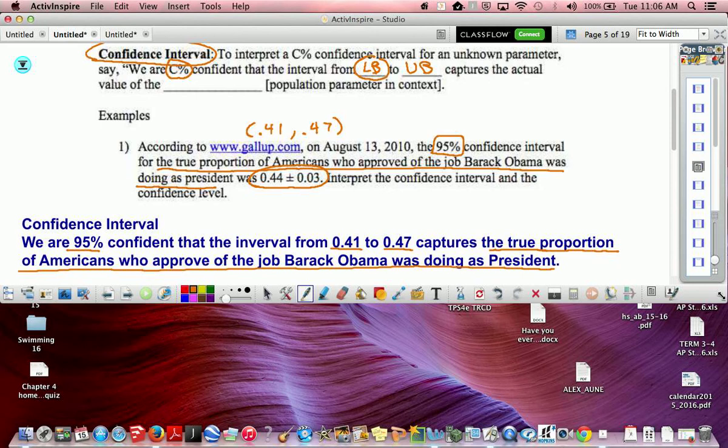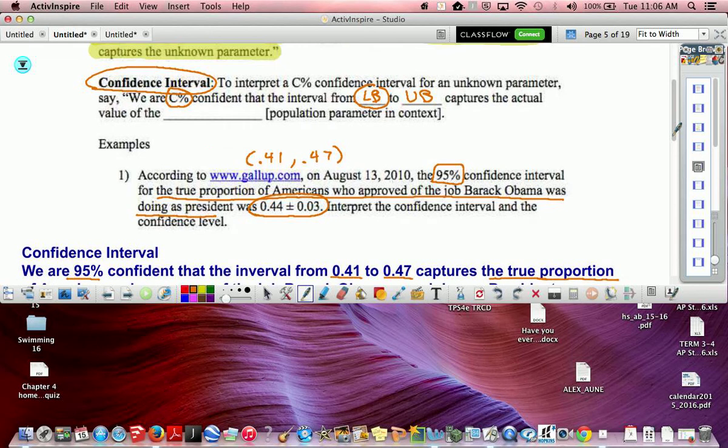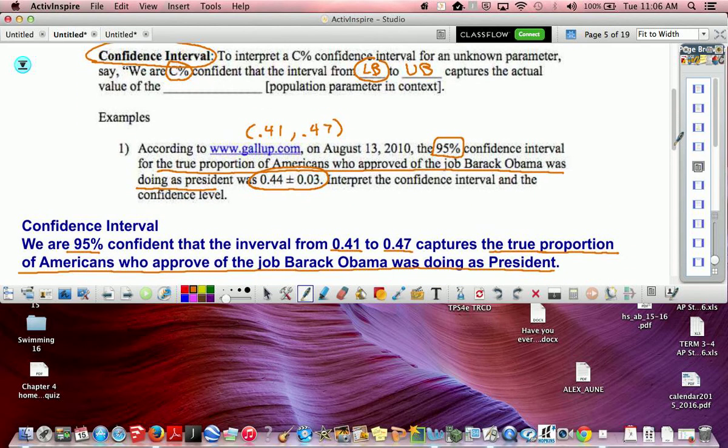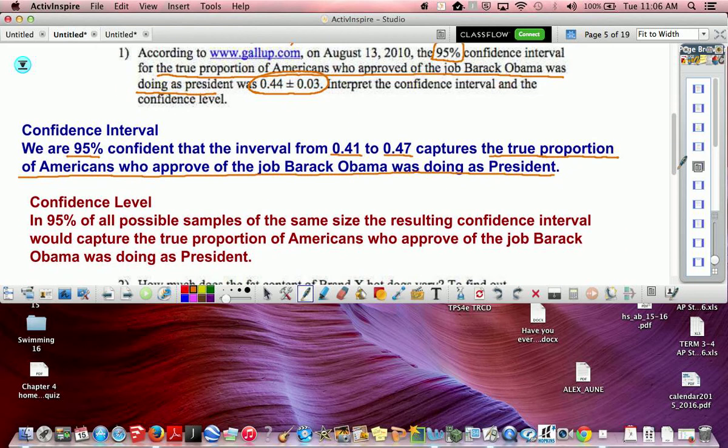Okay? So when we talk about the level here, we're talking about basically 95% of all possible samples of the same sample size from our population giving this interval of the percentage, or the proportion, of people who think the president's doing a good job.